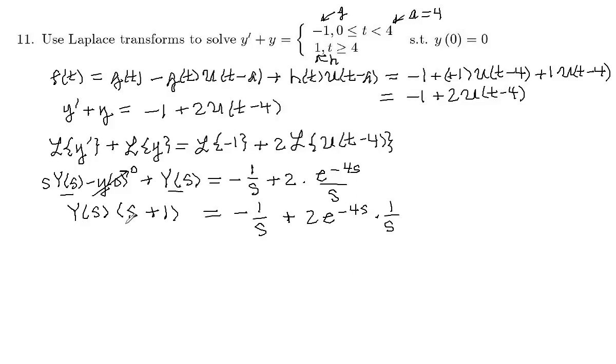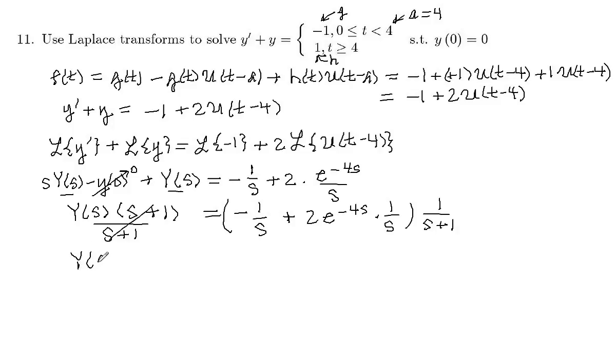And now let's divide off our s plus 1 on both sides, and then solve for cap Y of s. On this right-hand side, we will multiply everything by 1 over s plus 1. So these cancel.